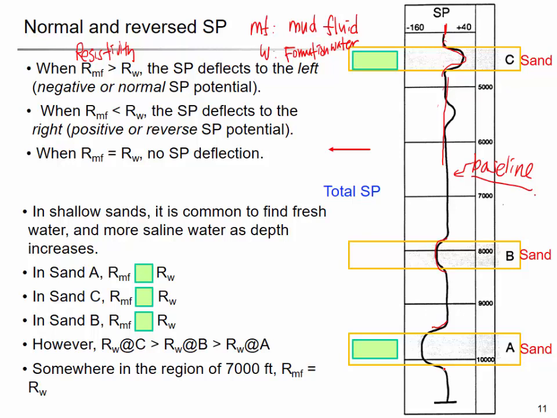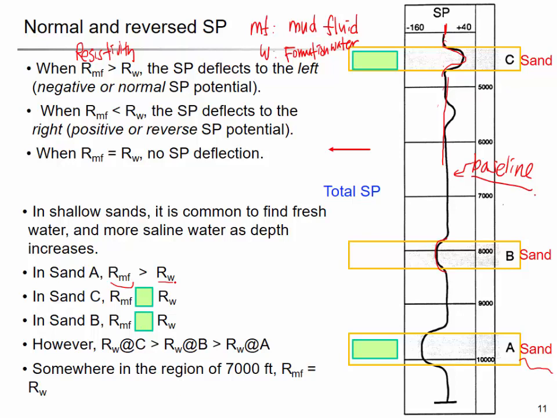And in the shallow one, let's look at the sand here. It deflects to the left, right? So it's a normal SP potential. And this is the case when the mud filtrate resistivity is larger than the water resistivity. So in A, it should be larger than the formation water resistivity.